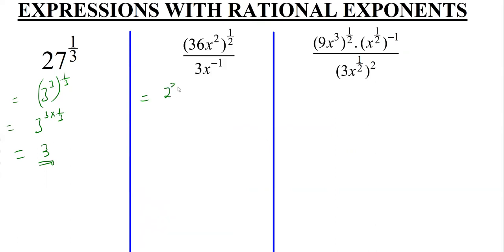So 2 to the power of 2 times 3 to the power of 2 times x squared, we put in bracket here, half over 3x minus 1. What are we going to have now? It's going to be 2 to the power of 2 times your half, 3 to the power of 2 times 1 over 2, sorry, then also x to the power of 2 times 1 over 2.